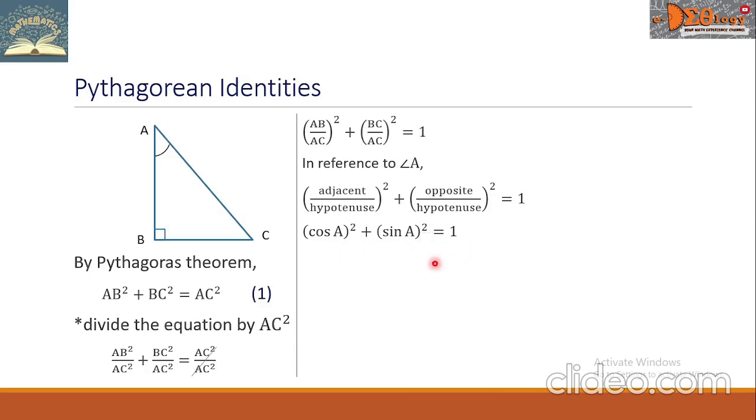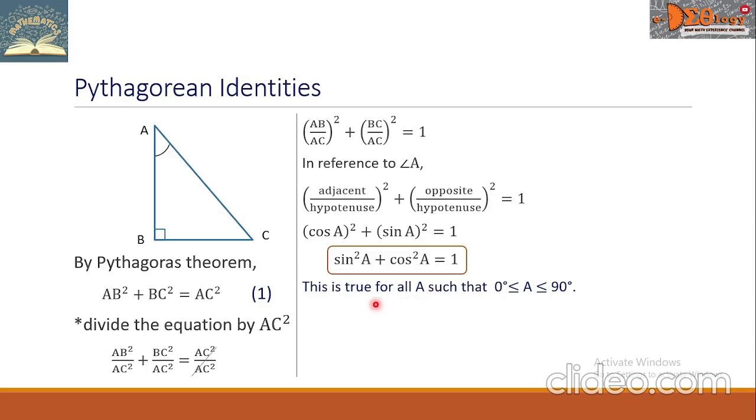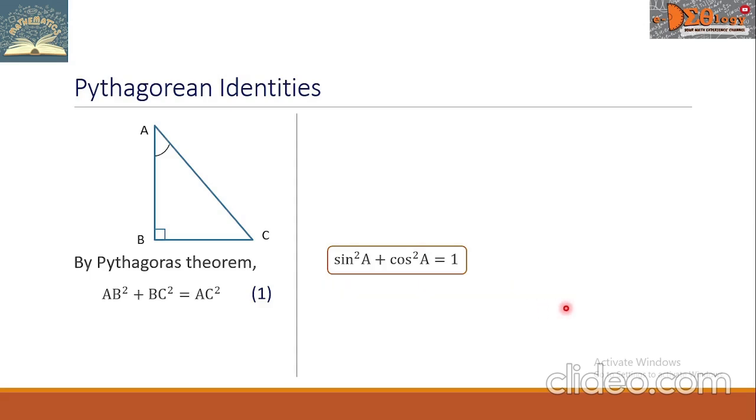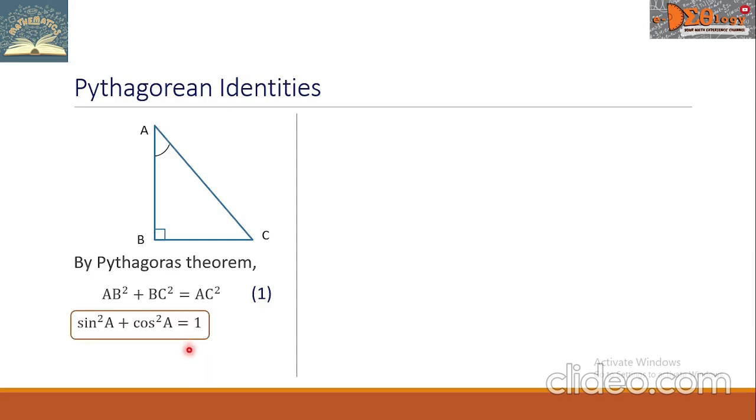We can rewrite this equation as sine square A plus cosine square A equals 1. This is the first Pythagorean identity. This is true for all angle A such that A is more than or equal to 0 degrees and A is less than or equal to 90 degrees. Let us copy this identity down here.